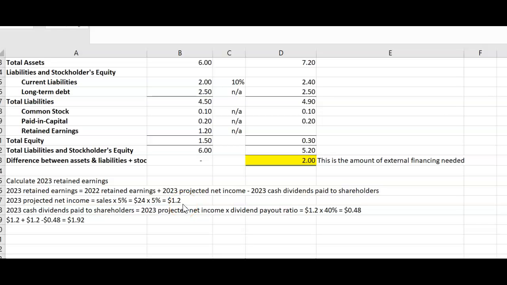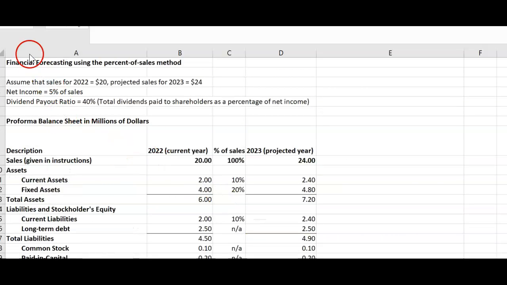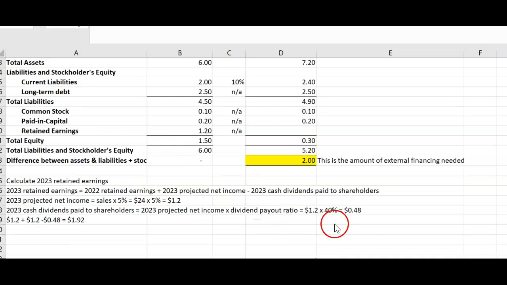Okay. The other piece of information is we need to figure out what our cash dividends will be in 2023. To get that, we take our 2023 net income and multiply that by the dividend payout ratio, which we were given up here, and that'll give us our dividend payout. So net income of 1.2 million multiplied by 40% gives us a dividend payout of 0.48 million, or 480,000.